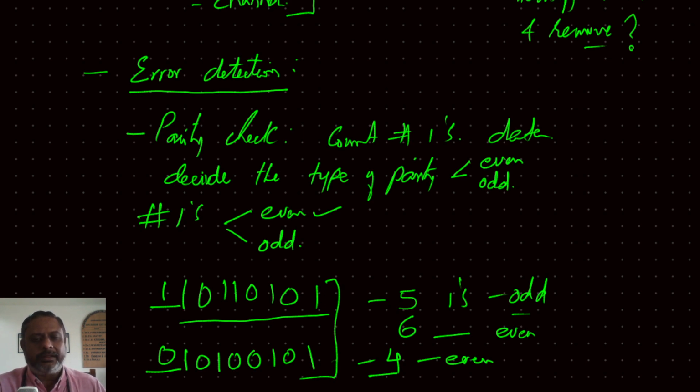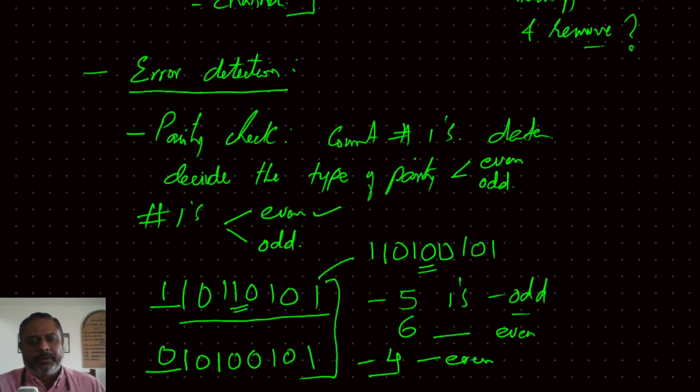But if anything has changed, so in this, instead of 1011, if you get 100101, what has happened is that the third, fourth bit of actual data has changed.